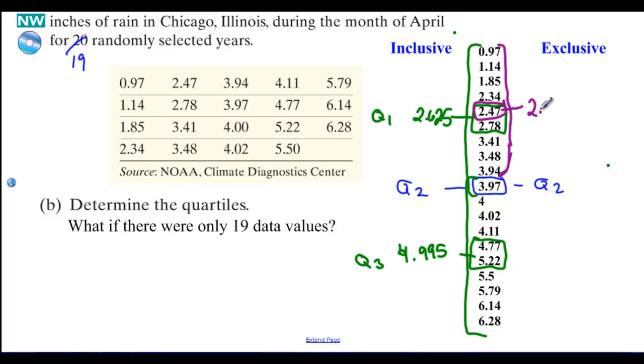So that 2.47 is going to be our Q1 if we're doing things exclusively. And we'll look at the 9 data points of the second half. And again, the 5th, so we're going to go 1, 2, 3, 4, our 5th data point. So that 5.22 is going to be our Q3.